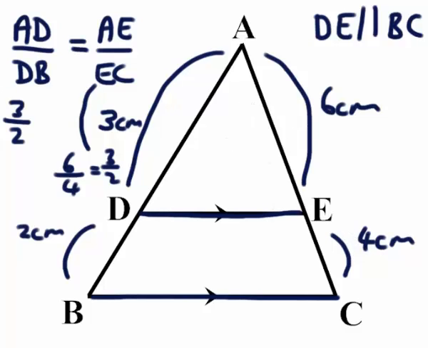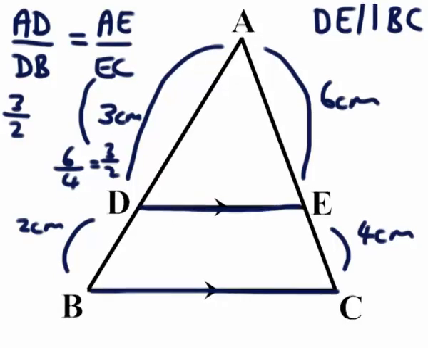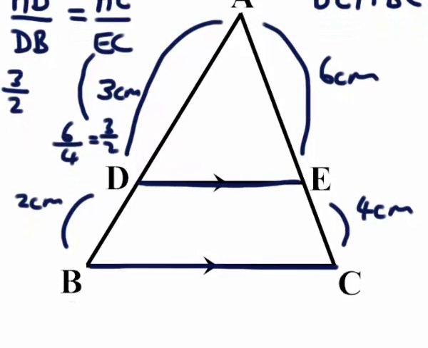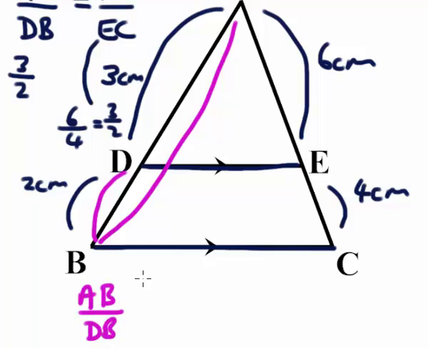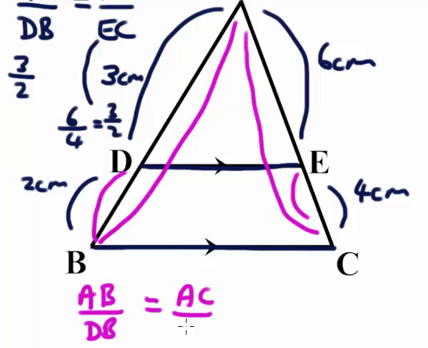If you think about it carefully, if you go the whole length of AB, now watch this, if you took AB divided by DB, so it's the long side over that little piece there, that would equal the long side AC divided by that little piece, EC.